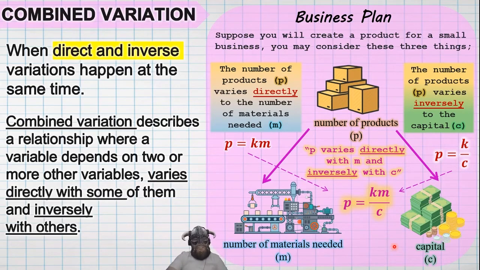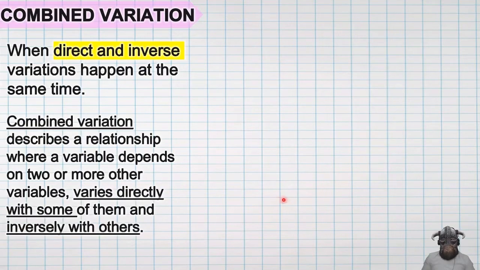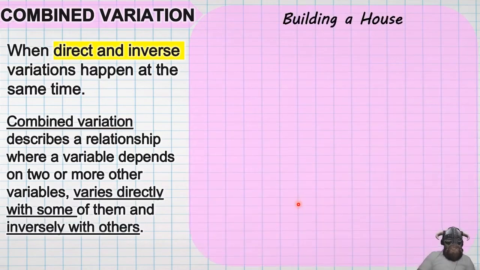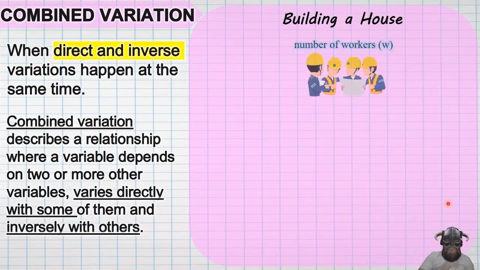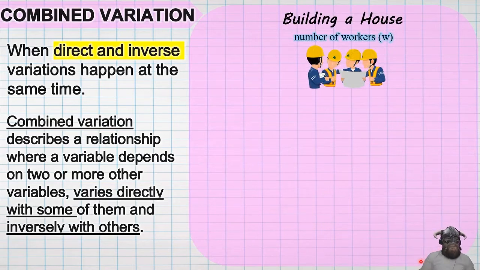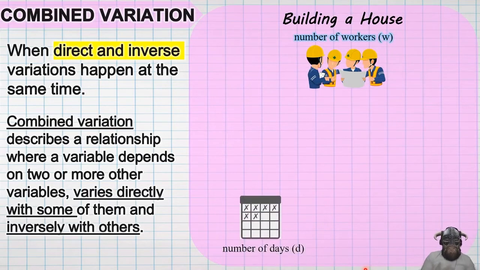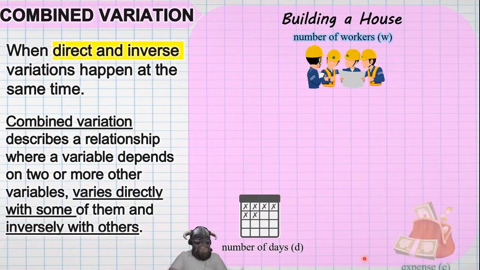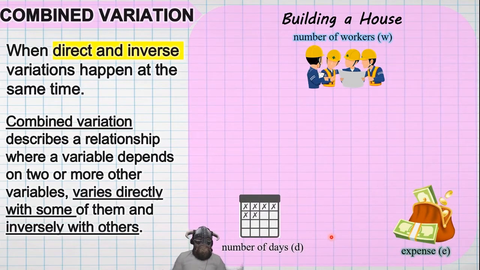Let's try to discuss another example. Let's have a situation of building a house. Yes, we must consider the number of workers. Second, how many days do we have to finish a certain construction of a house? And third will be, what would be the expense?